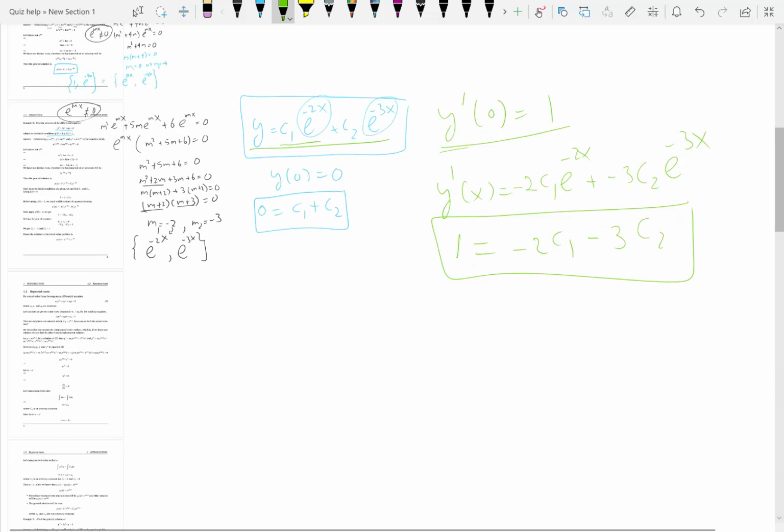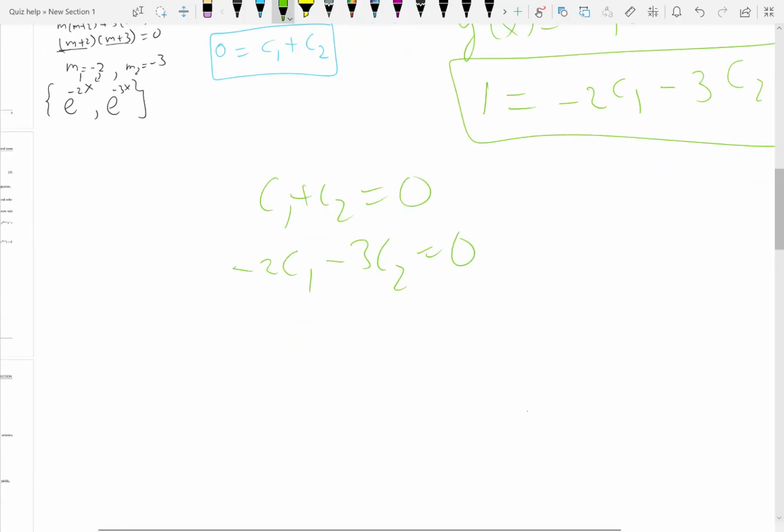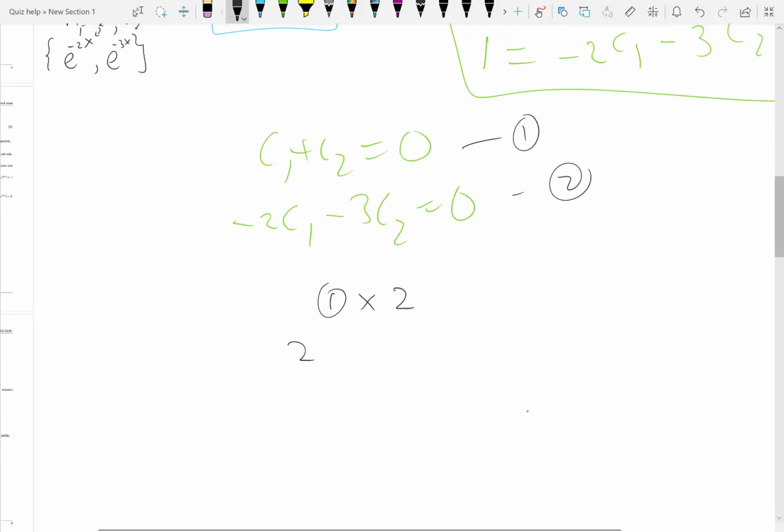So we have two equations, don't we? c1 plus c2 is equal to 0, negative 2 c1 minus 3 c2 is equal to 1. So how can we solve these two equations? Well, let's label them first and second equation. Let's multiply the first equation by 2. Then we get 2c1 plus 2c2 is equal to 0.